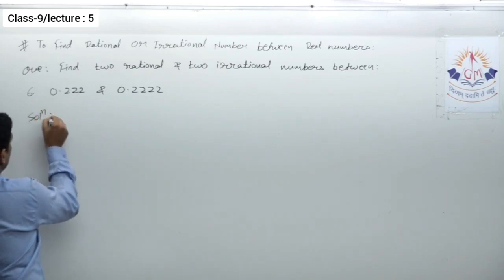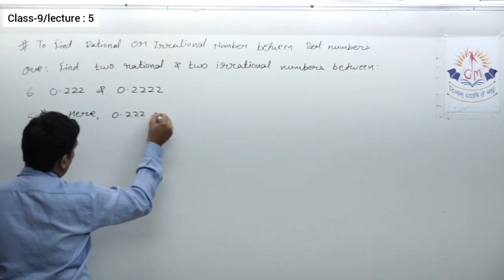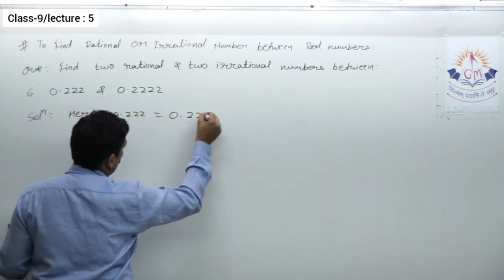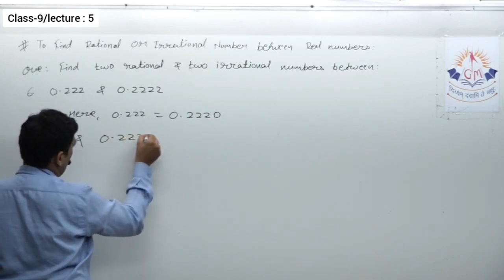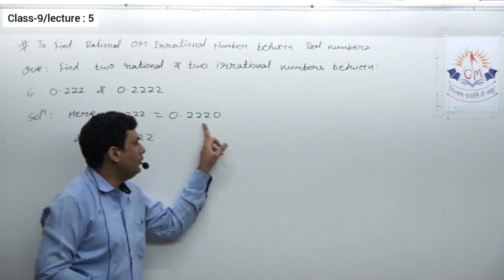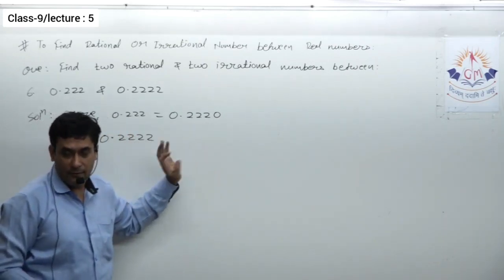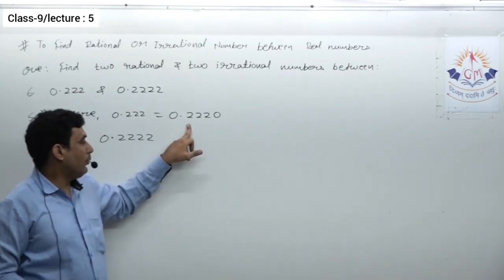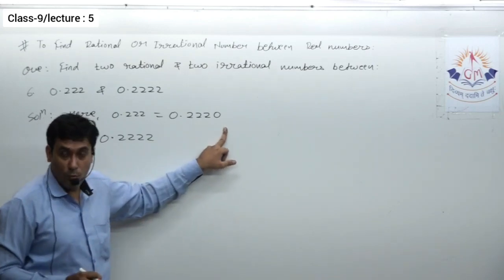So here I can write 0.222 is equal to 0.2220. And this I am taking as it is. So without decimal, this is 2220, this is 2222, so it is possible to write only one integer, that is 2221.